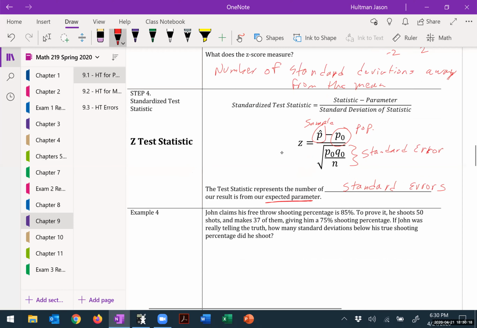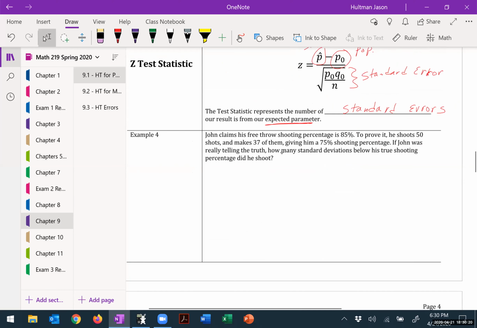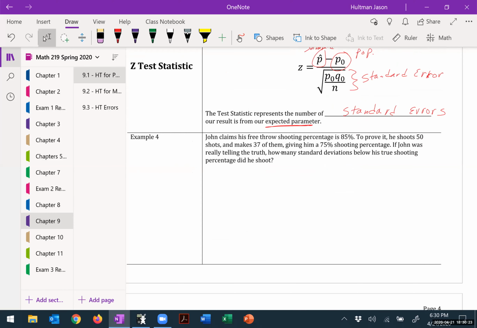So let's go back to our basketball example. John claims his free throw shooting percentage is 85%. To prove it, he shoots 50 shots and makes 37.